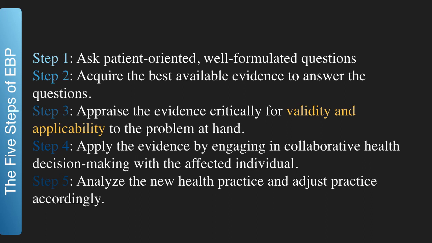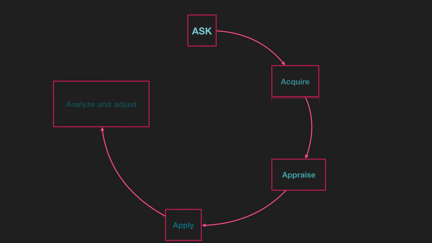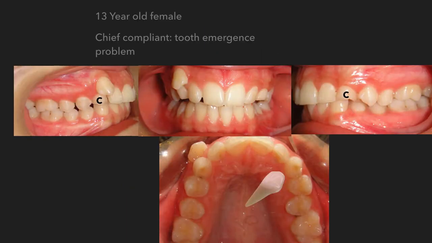Step 3, appraise the evidence critically for validity and applicability. Step 4, apply the evidence by engaging in collaborative health decision making. Step 5, analyze the new health practice and adjust practice accordingly. Those are the 5 steps: ask, acquire, appraise, apply, analyze, and adjust.